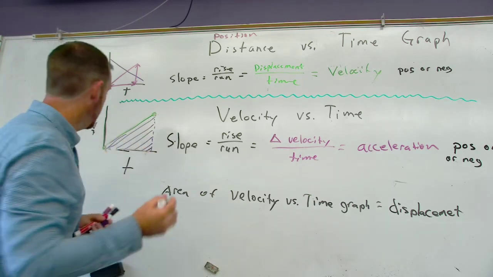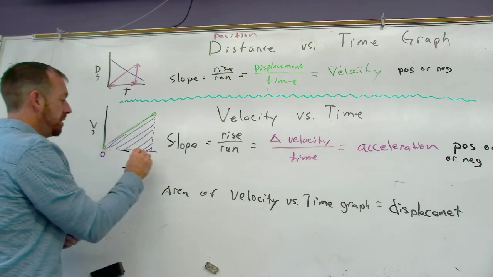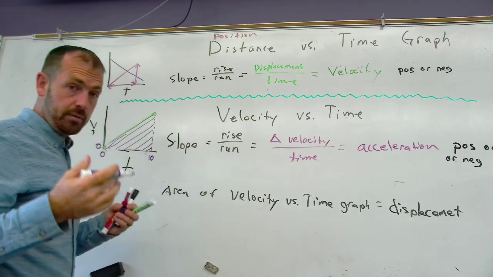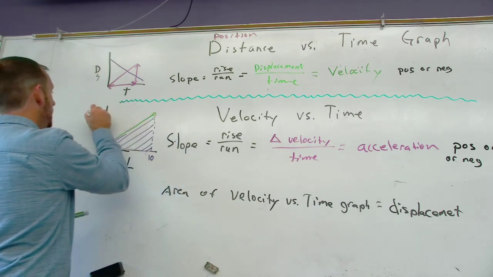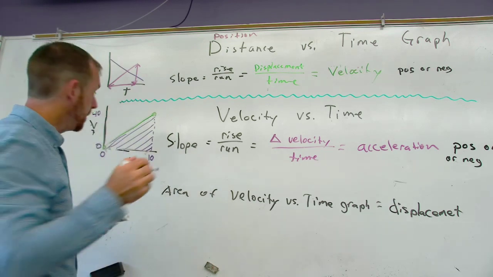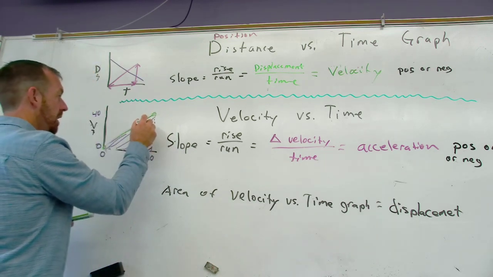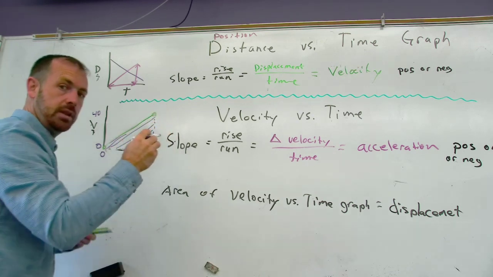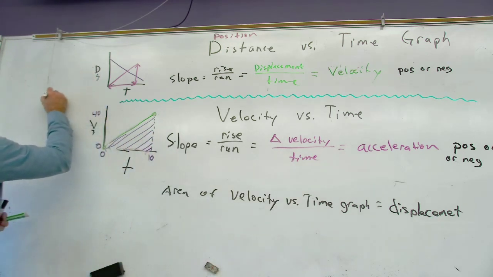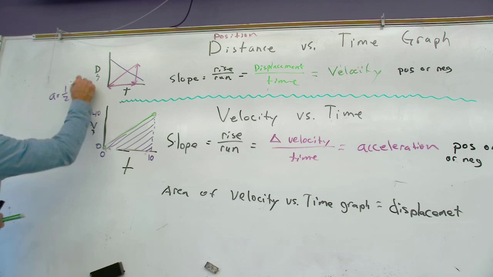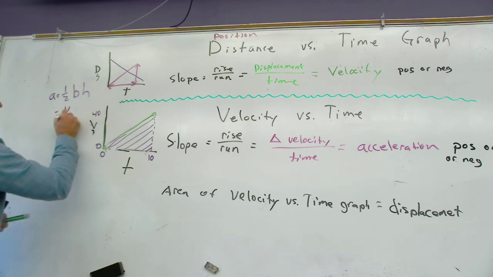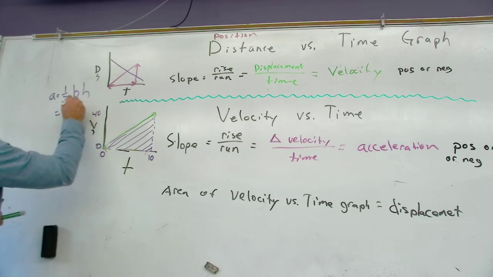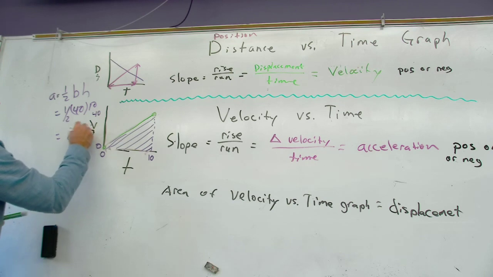And if we made up some numbers, if we said you started at 0 time, you went to 10 seconds, and you started at a velocity of 0 meters per second, and you ended up with a value of 40 meters per second after 10 seconds. The area of this would equal 1/2 base times height, which would equal 1/2 times 40 times 10, which would equal 200.